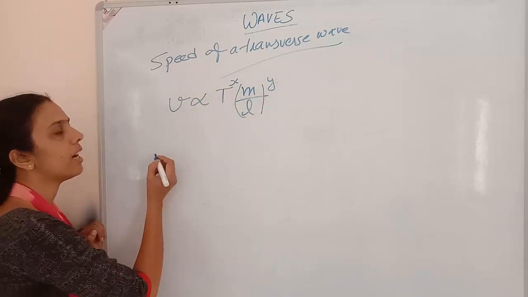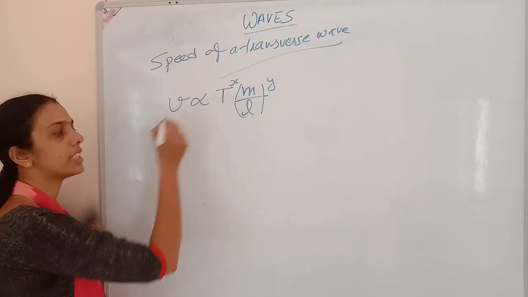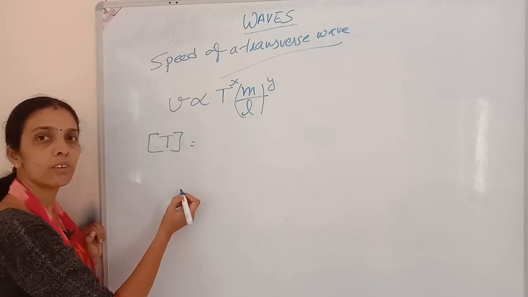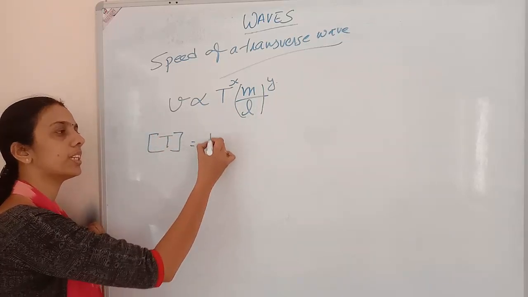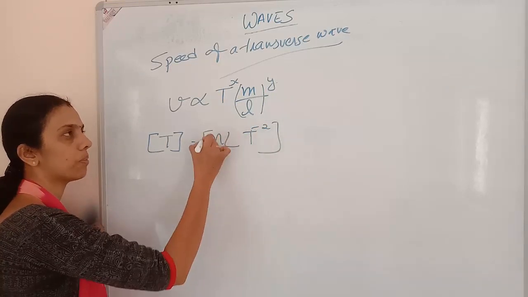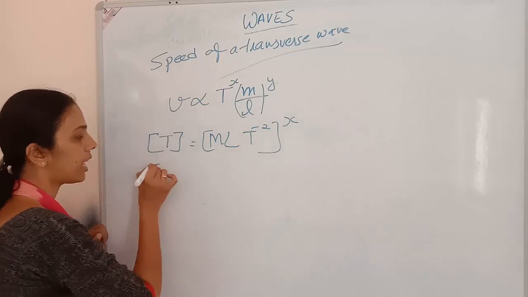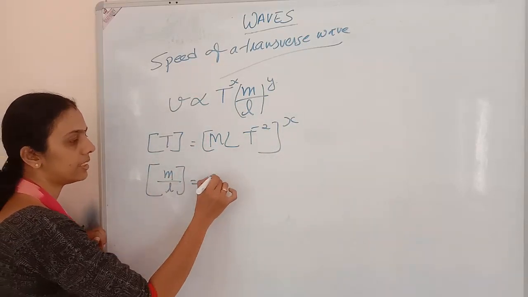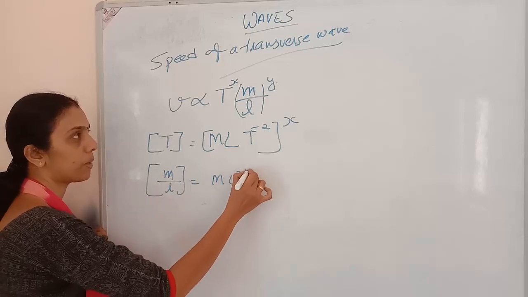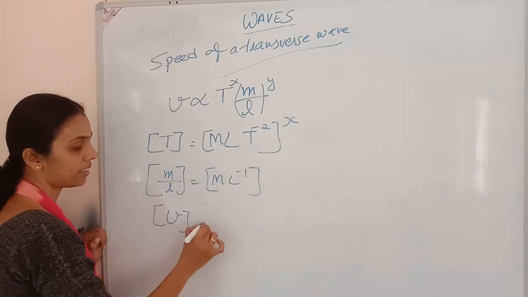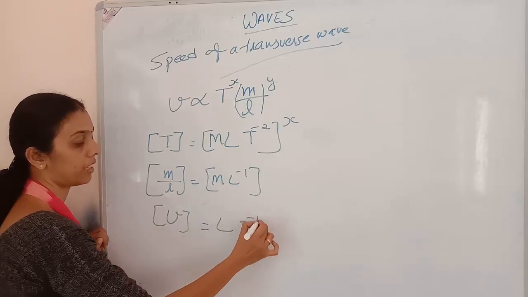So here I will write V. What is the dimensional formula for tension? Tension is a force, so M L T to the power minus 2, to the power x. The dimension of m by L is M L to the power minus 1. Dimension of V is L T to the power minus 1.